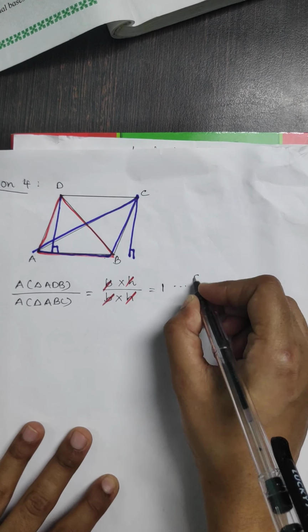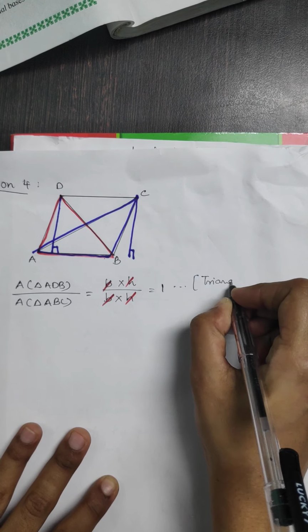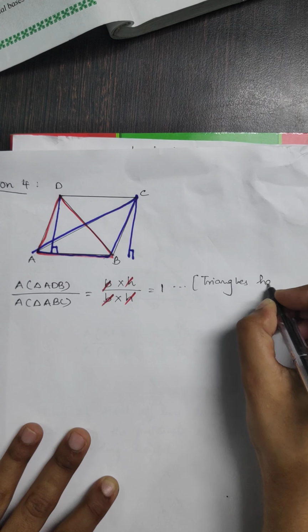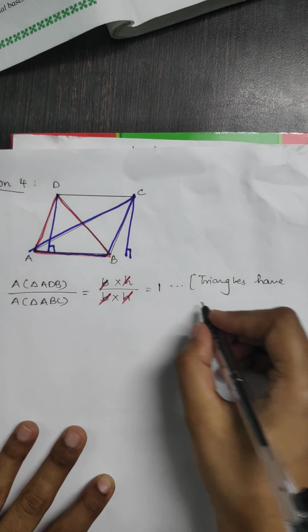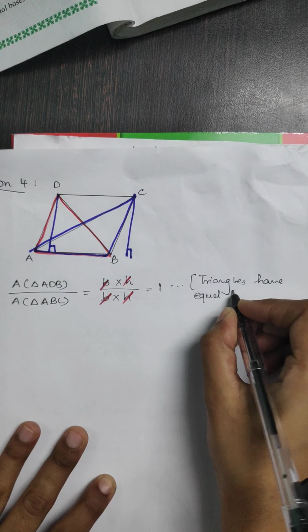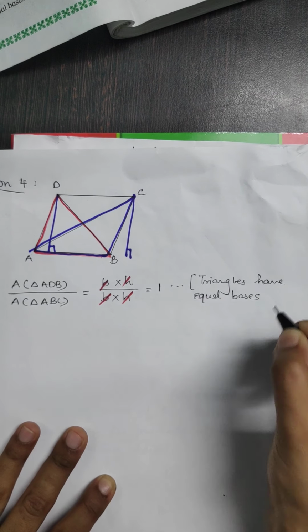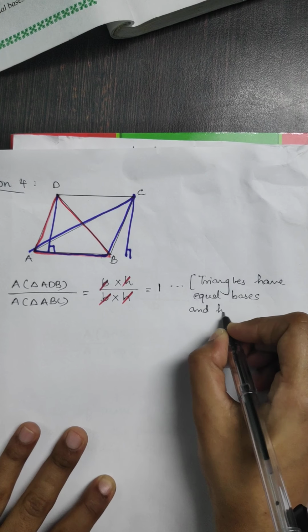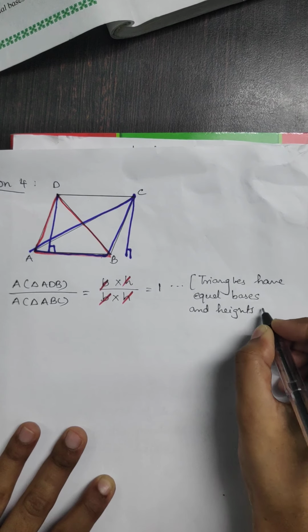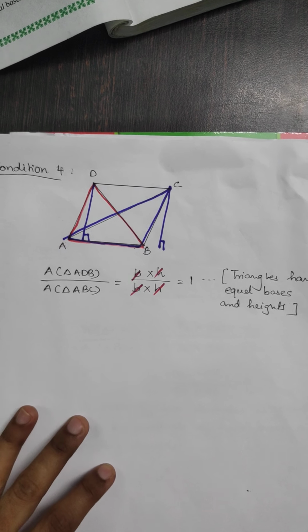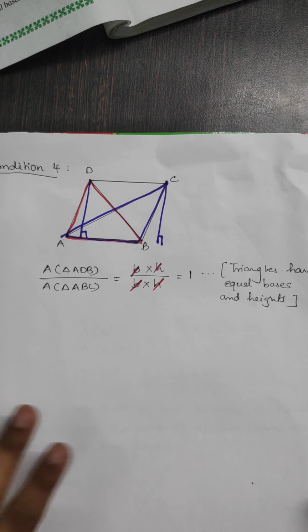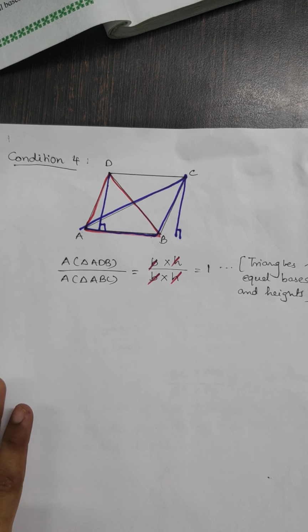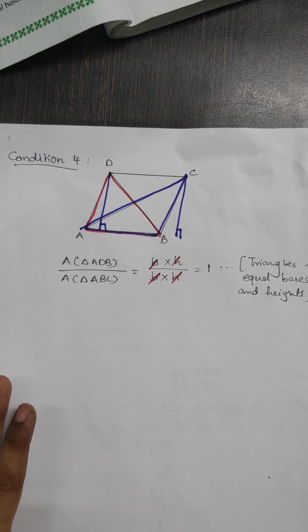So the condition is: triangles have equal bases and heights. I hope you all must have understood the four conditions which we have done on the ratio of areas of two triangles.